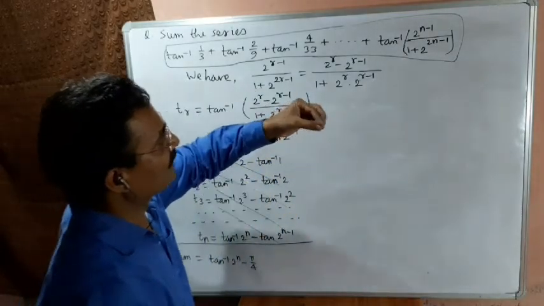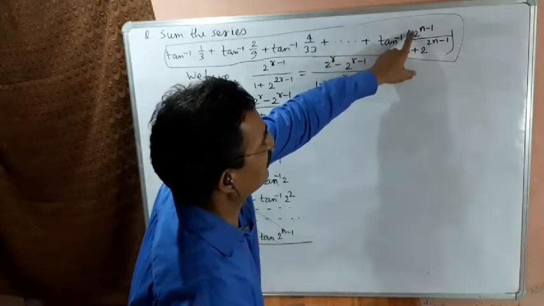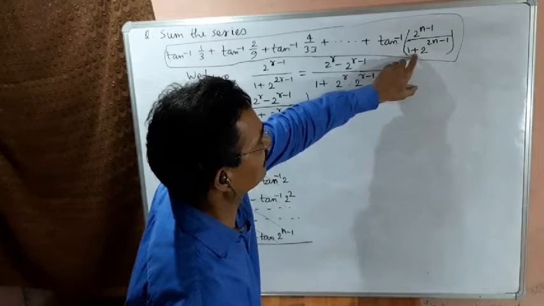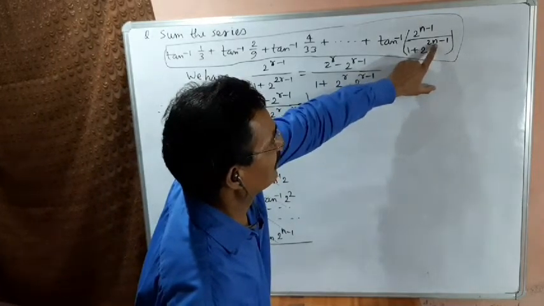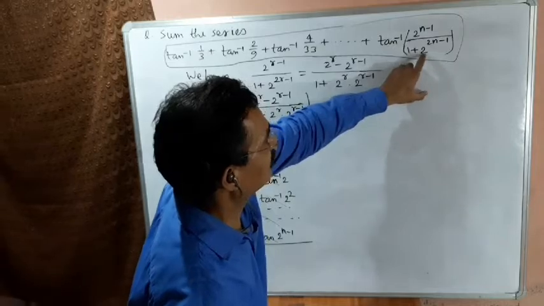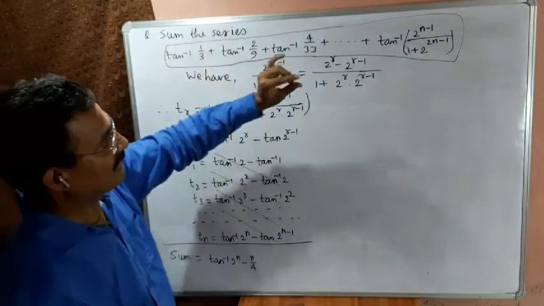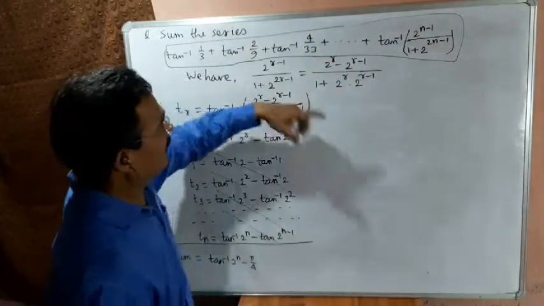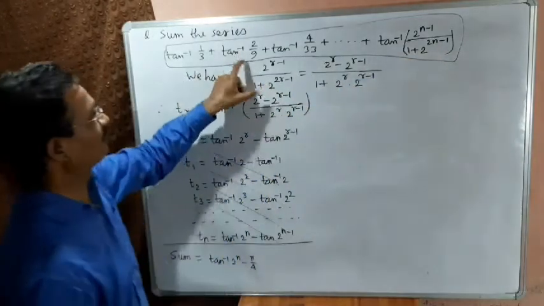For instance, if we put n equals 1 in this expression, this will be 2 to the power 0, that is 1, and in the denominator 1 plus 2 to the power 2 minus 1, that is 1 plus 2 means 3. This gives the first term. For n equals 2, this will be 2, and this will be 4 minus 1, 2 to the power 3, 8, 8 plus 1, 9, 9.